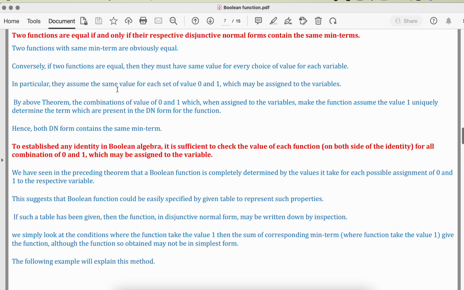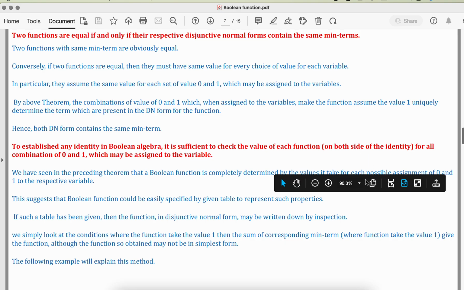In particular, they assume the same value for each set of values 0 and 1 which may be assigned to the variables. And so by the previous theorem, the combinations of the values 0 and 1 which, when assigned to the variables, make the function assume the value 1, uniquely determine the terms which are present in the DN form for the function. Hence, both DN forms contain the same minterms. So it proves the given statement.